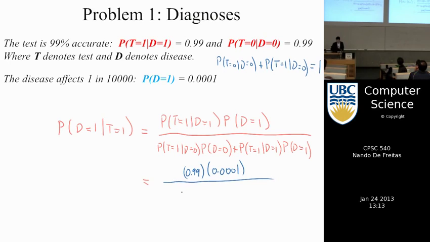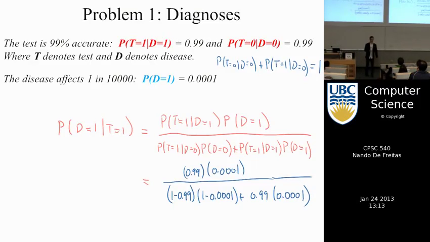So this has to be 1 minus 0.99 times the probability that you don't have the disease, probability of d equals 0, which is 1 minus 0.0001, plus 0.99 times 0.0001. Can someone calculate this for me? 0.0098. Okay, that low? Yeah.